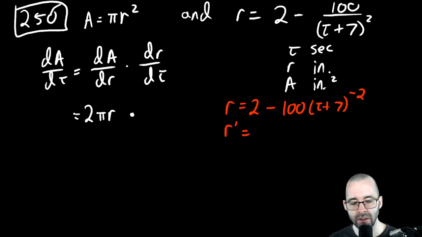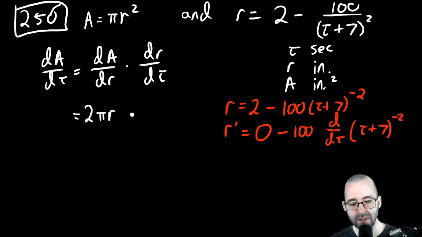So then the derivative of a constant is 0. And then we use the constant multiple rule to have this 100. And now we really just need to find the derivative with respect to t of t plus 7 to the negative second. It's going to be negative 100.